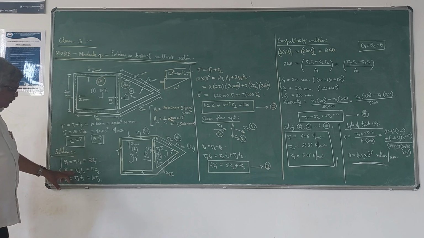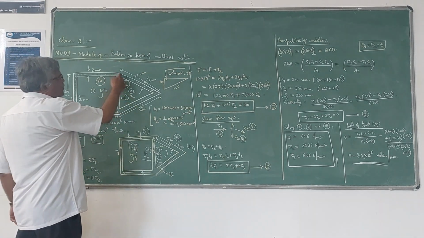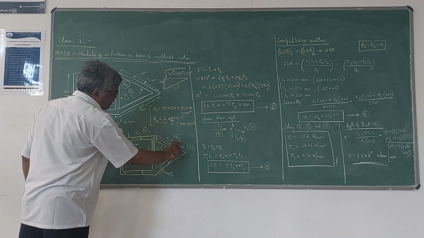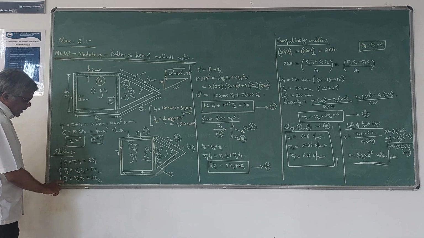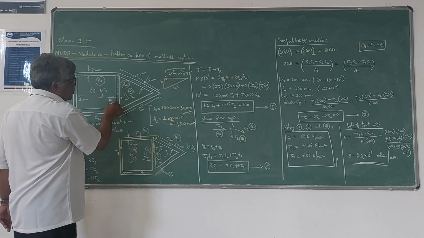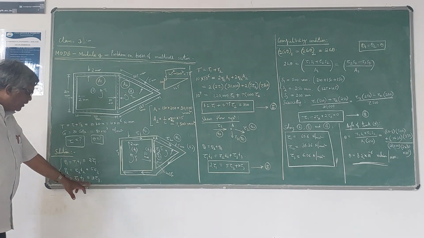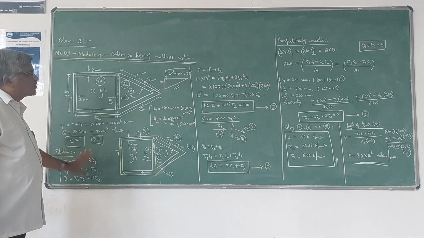Next q2 is τ2 into t2. τ2 is not known, t2 is 5 mm, the thickness of this tube. So τ2 into 5, that is 5 τ2. Then q3 is τ3 into t3, the thickness of this middle portion, that is the web portion. That is 10 mm, so 10 τ3. So these are the relationships between your shear flow and shear stress.